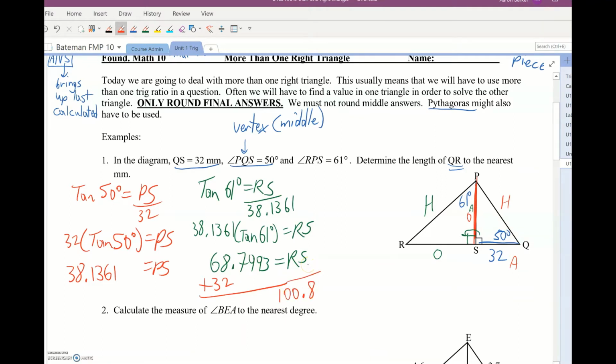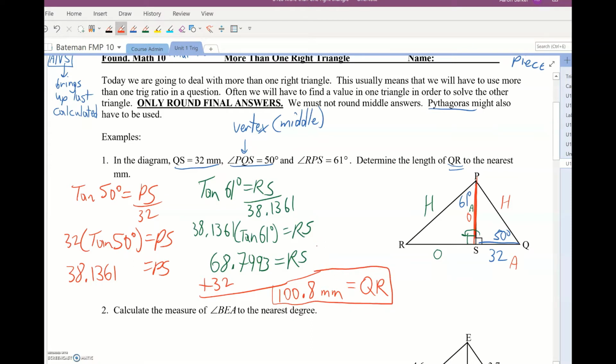Okay, so 100.8, and my units is millimeters, equals RQ, or QR, alphabetical. Good. Any questions? 100.8 millimeters equals QR. And you know what? If you want to put that in a box, it makes it really easy to find.